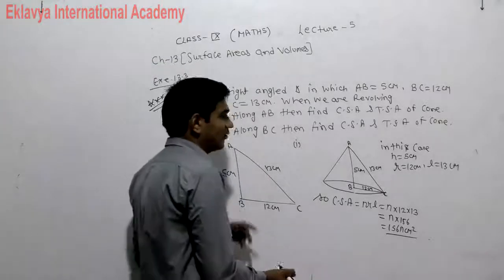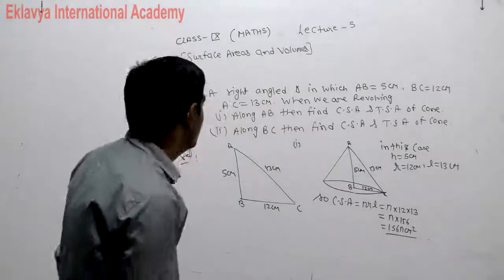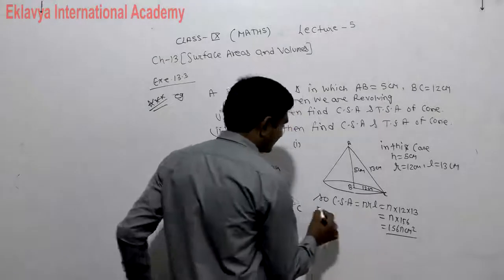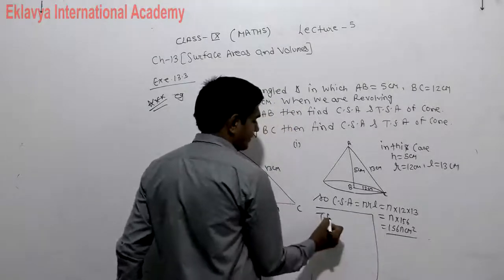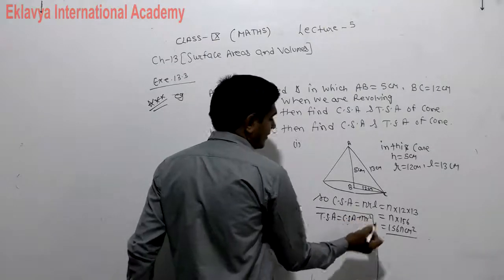Second, what do you have to calculate? In this you have to calculate the total surface area. So how will we calculate its total surface area? TSA equals CSA plus pi r square.